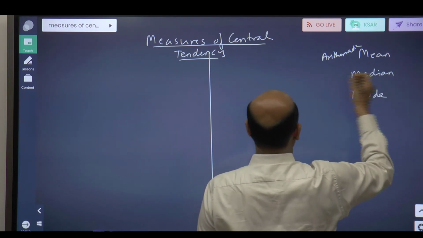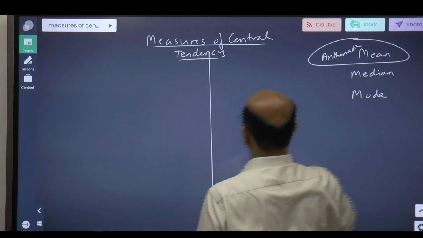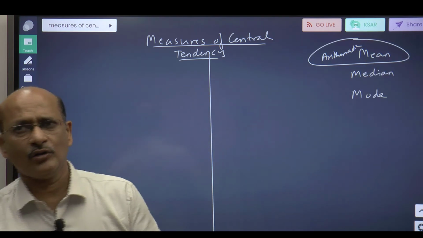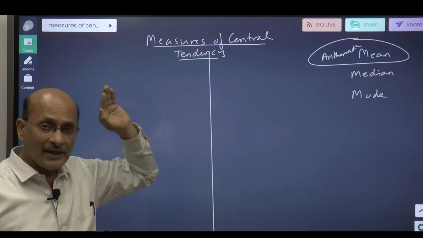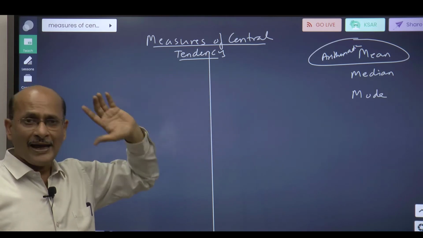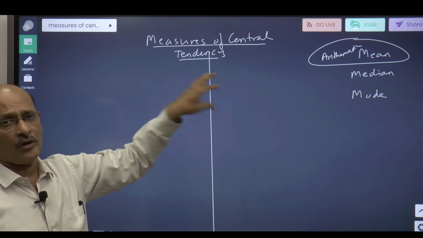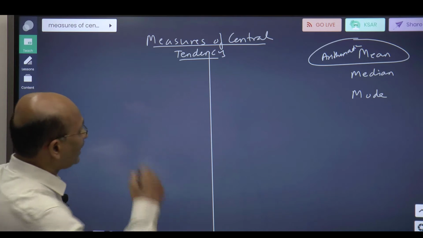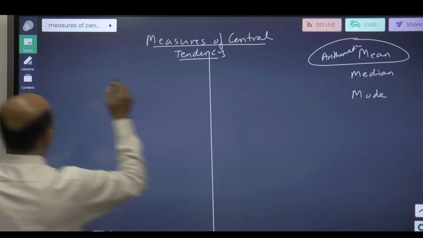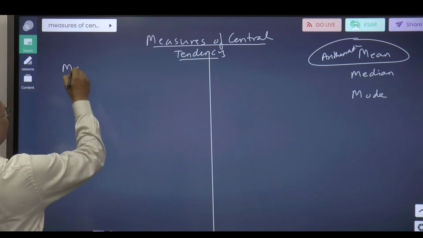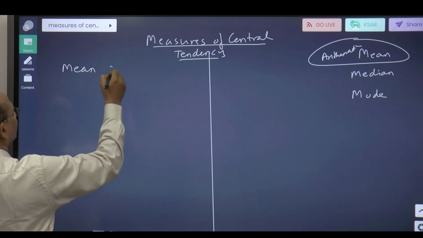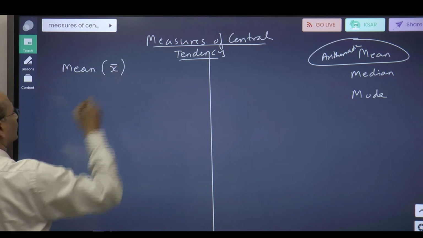Now, in this measure of central tendency, what is covered is arithmetic mean. So what we are going to study is arithmetic mean. We had started yesterday; I had given a brief description of how you find arithmetic mean. The arithmetic mean is denoted by, now please pay attention, x bar.